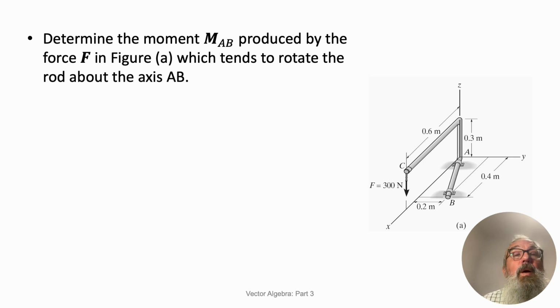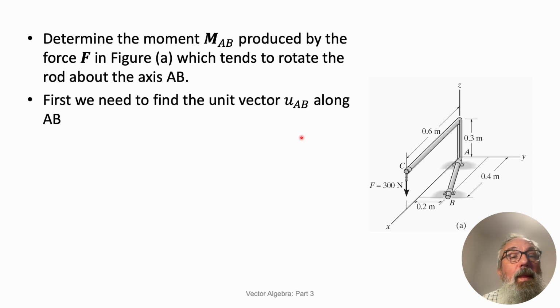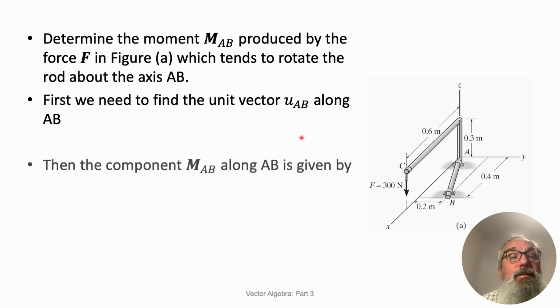Determine the moment MAB produced by the force in figure A. So we've got a force here acting on this shape, which tends to rotate the rod about the axis AB. So we want to find the moment of force about the axis AB. So we need a unit vector along AB.